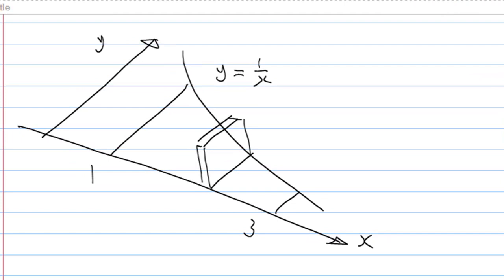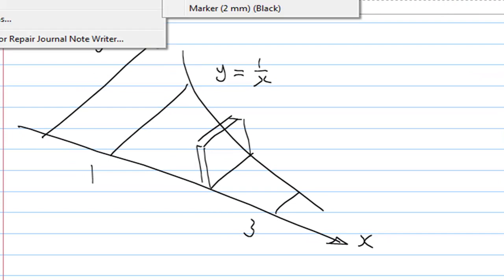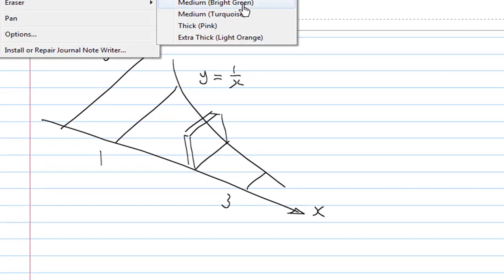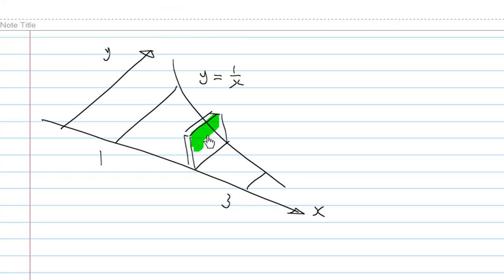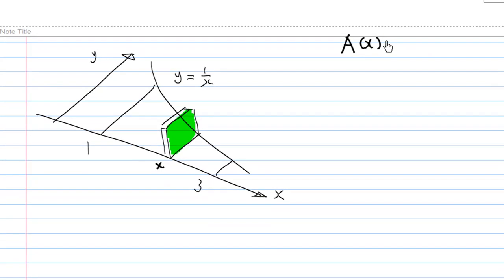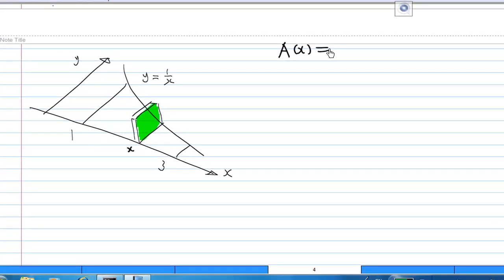So for our case, we are going to find A(x), the cross-section area, and we cut it at the point x here. So what is the area of this cross-section? We know that for a square, the area is the length of each side squared.